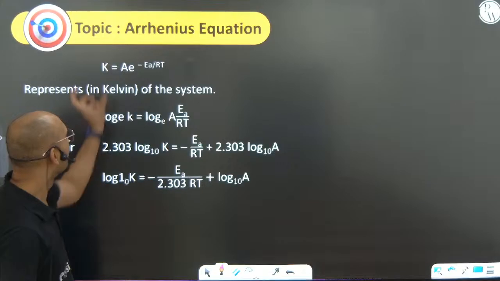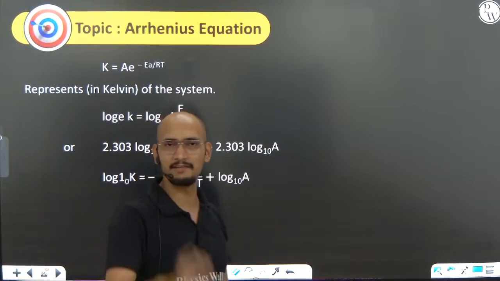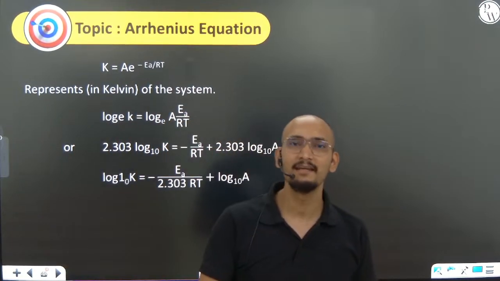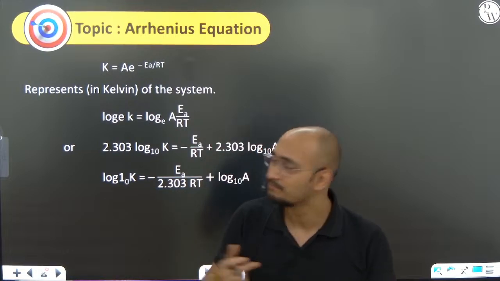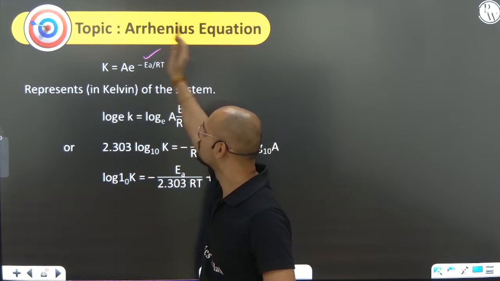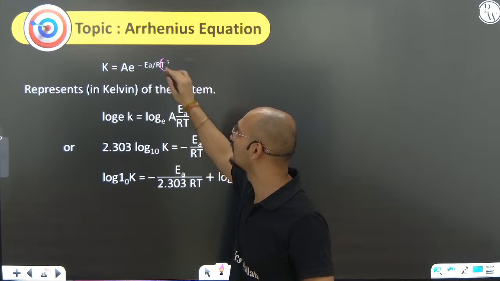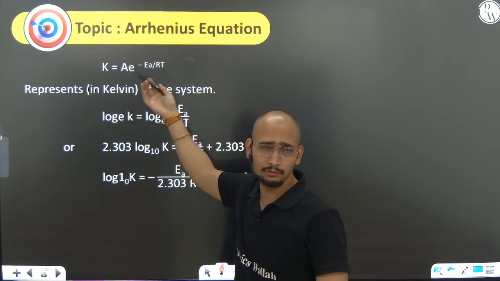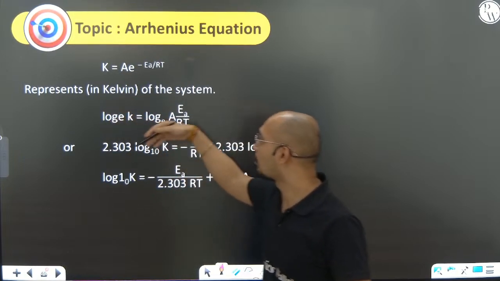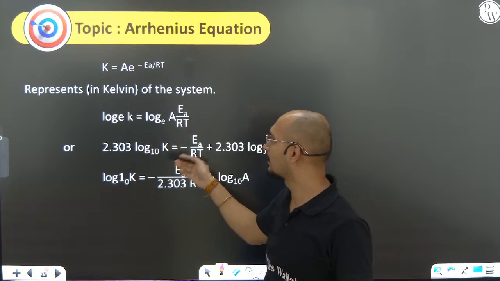Next, Arrhenius equation. What is the Arrhenius equation? It tells how K, the rate constant, depends on EA, the activation energy, and temperature. So K equals A into e to the power minus EA by RT. Take the log, and you get log K equals log A minus EA by RT.